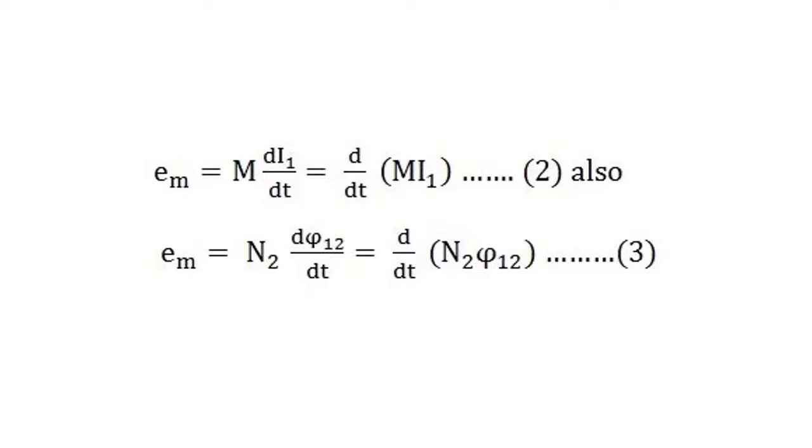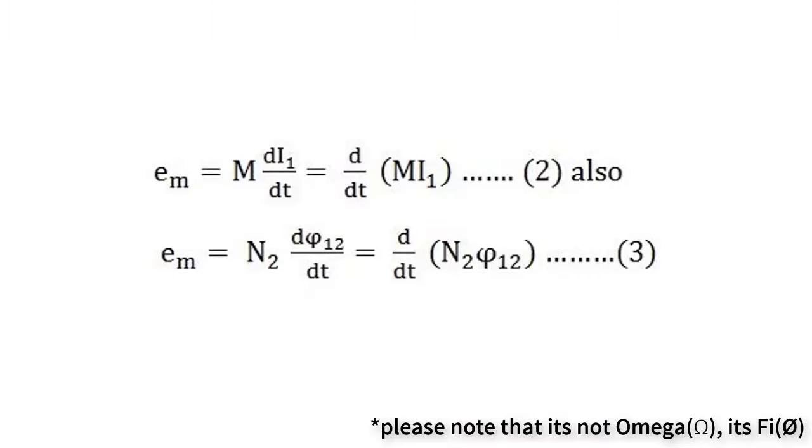Mutual inductance can also be expressed another way as Em is equal to M di1 by dt, which is equal to d by dt of M I1. We can name it equation 2. And Em is equal to N2 d phi12 by dt, which is equal to d by dt of N2 phi12. Let's name it equation 3.